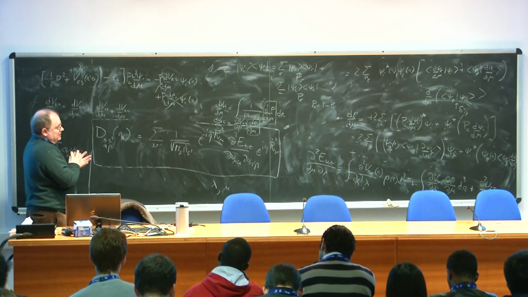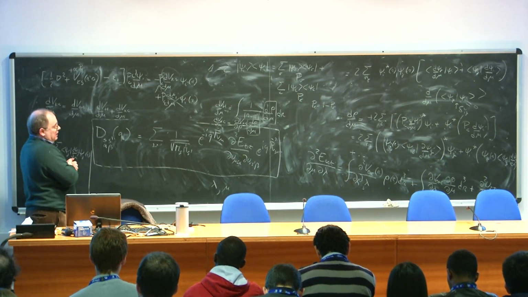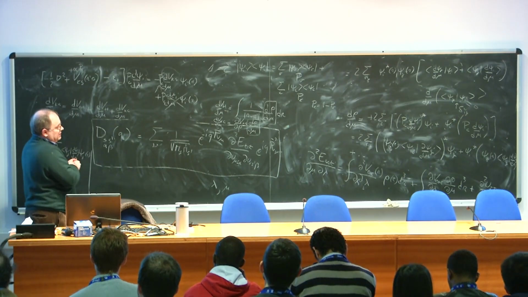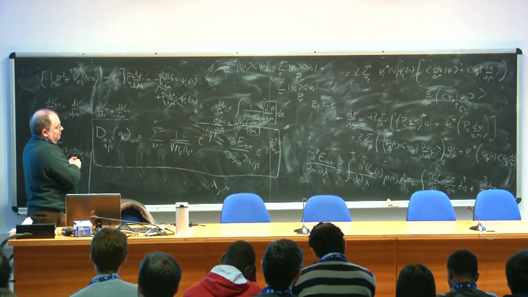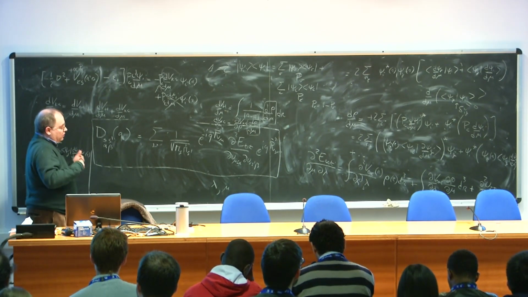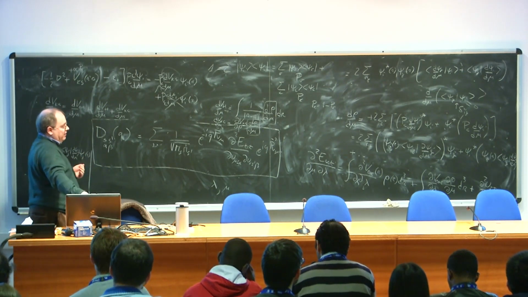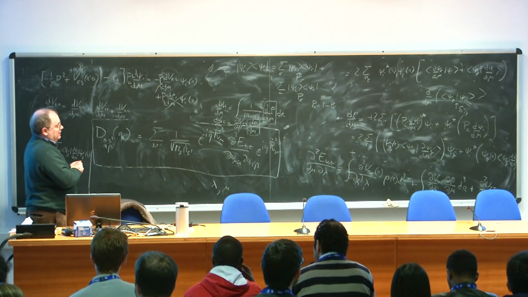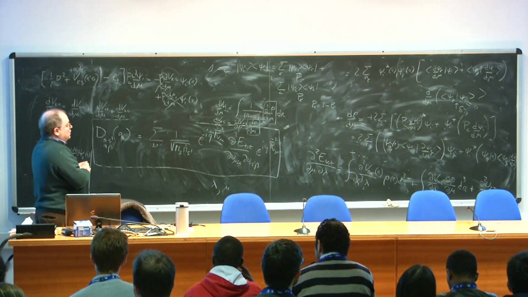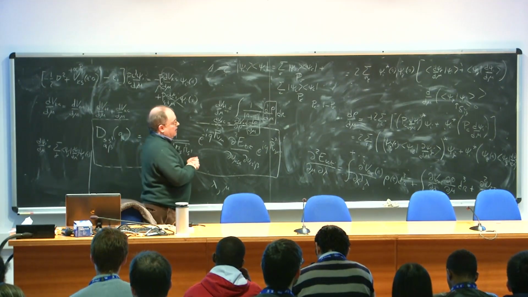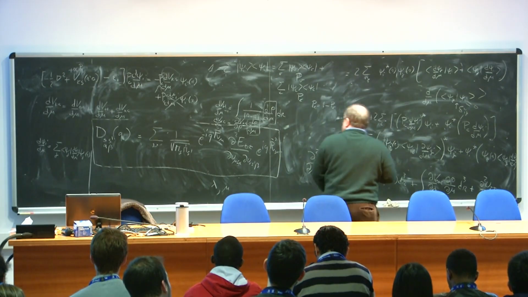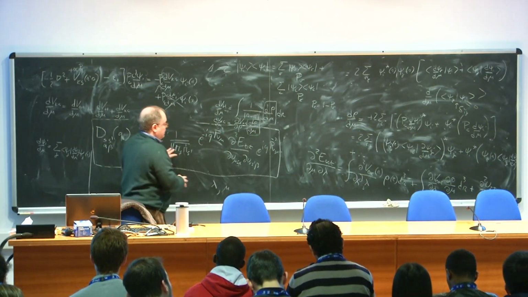I will go slightly faster on this because it is a detail that is very important and is the reason for all this formalism. But I think that those of you that are interested can find in the notes all the detailed derivation of this. So what we have to do now to calculate the dynamical matrix is to take this expression of the second derivative and put it in the expression of the dynamical matrix.